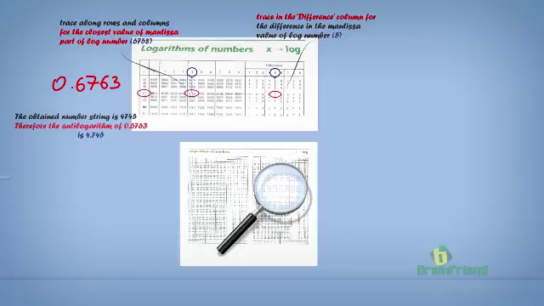0.6763. Remember, we said our logarithm table contains only the mantissa part of a number that we seek, while our integer part is calculated in a different manner. So once again, to find the integer part of anti-logarithms, we said whatever value we have in our given number, we add 1 to it.